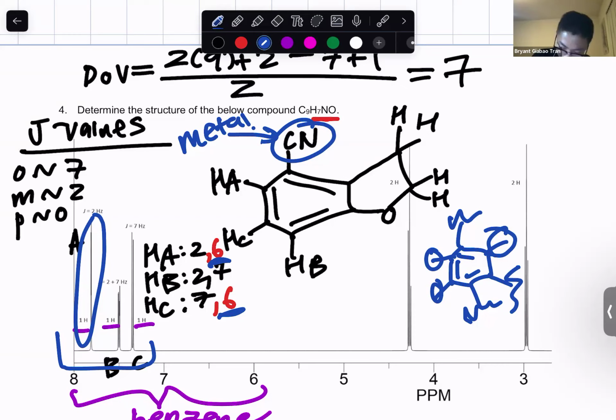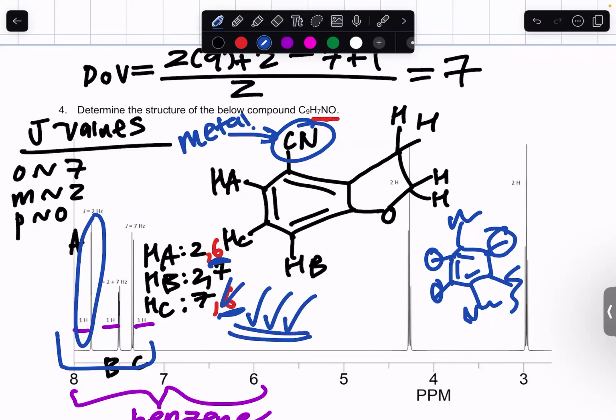Oh, you're right. It is meta. So now, yeah, now this does check out. It doesn't need to be there anymore. Okay, it makes much more sense now.